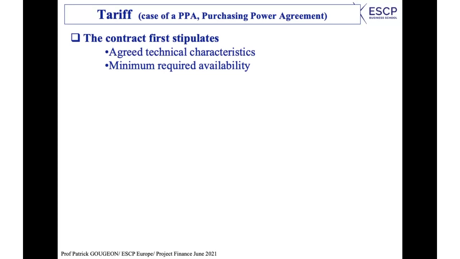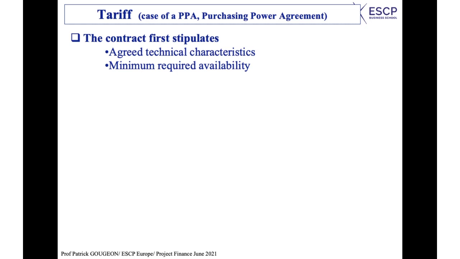Let's look at what we usually call a combined cycle gas power plant, which is the best technology that exists right now. So, agreed technical characteristics in terms of power, capacity to produce electricity. And at any time, the plant has to maintain a minimum required availability.